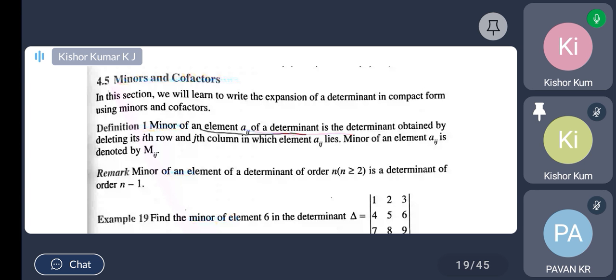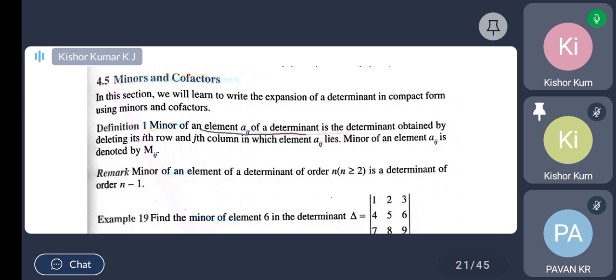Whatever elements you consider, for example if you are expanding along R1, you consider the first element and delete the corresponding row and column. The remaining elements you multiply, left diagonal minus right diagonal. The same procedure you have to consider here to find the minor. That is what we name the minor.